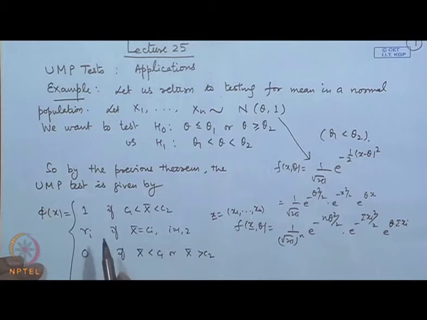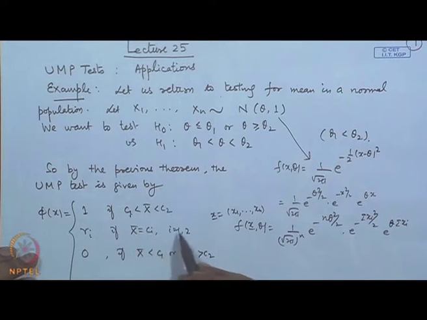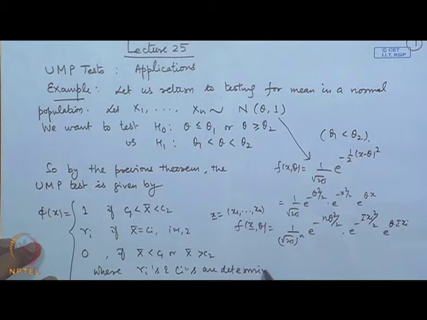So, the representation of the test is that we reject the null hypothesis H naught if x bar lies between C 1 and C 2, and we reject with probability gamma i if x bar is equal to C i for i equal to 1, 2, and we accept H naught if x bar is less than C 1 or x bar is greater than C 2, where these gamma i's and C i's are determined by the size conditions.